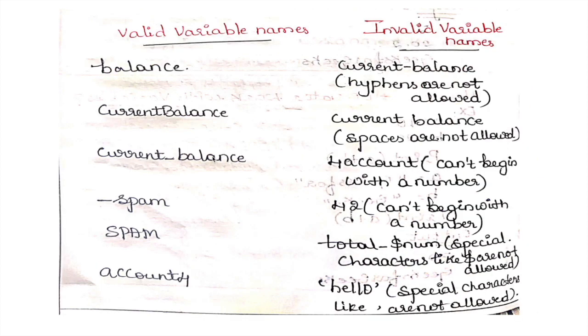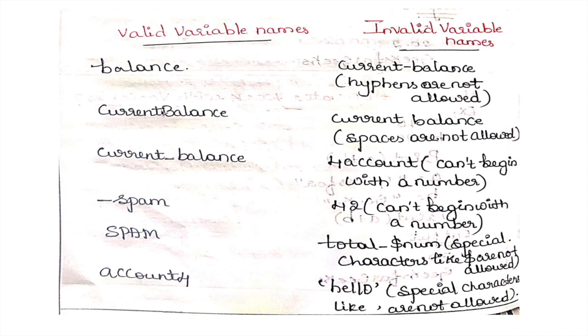Okay. Now, these are some examples of valid variable names and invalid variable names. The left side is an example of valid variable names. The right side is an example of invalid variable names. So balance is valid because it contains letters from the set A to Z. Current balance, again it's right. No spaces are allowed in variable names.